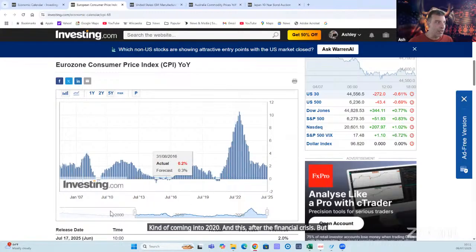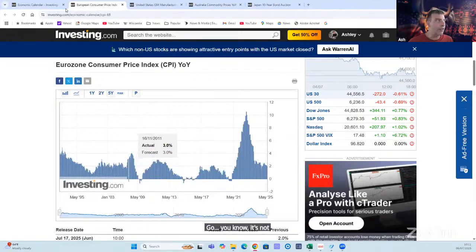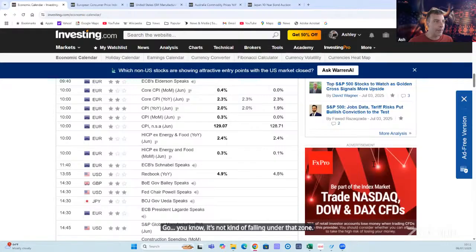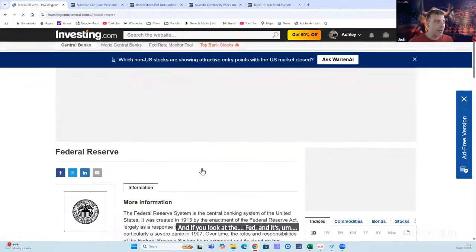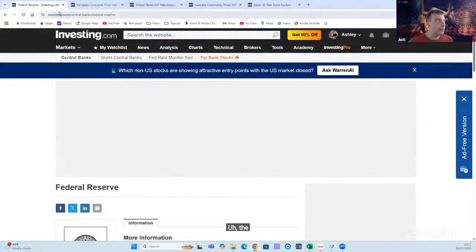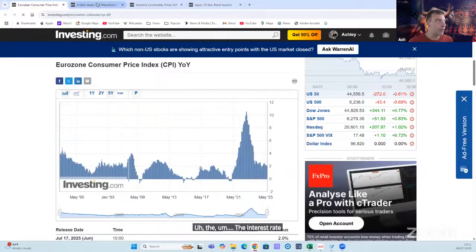But generally speaking, inflation does not fall under that zone. And if you look at the Fed and its interest rate, see if I can get the interest rate back here.